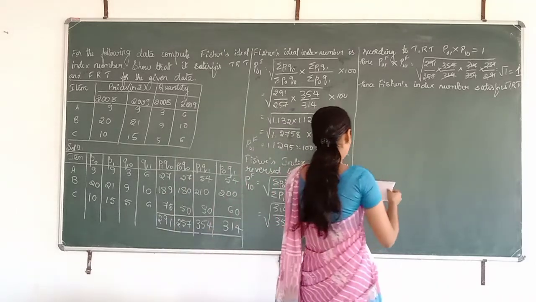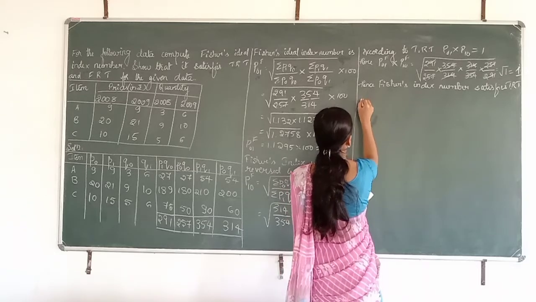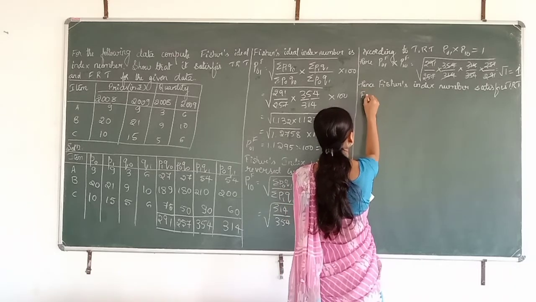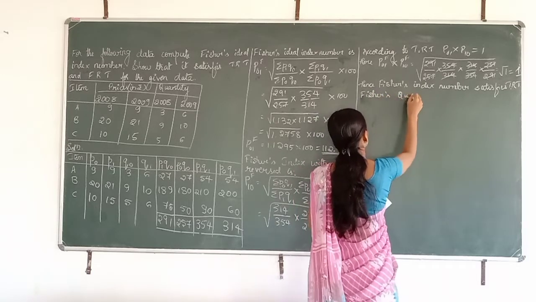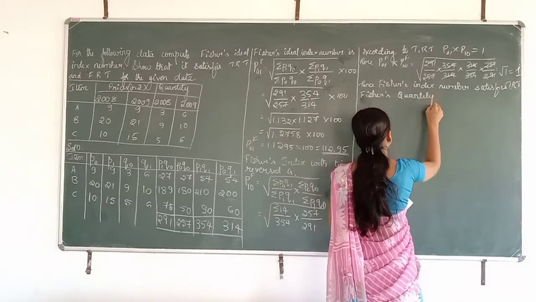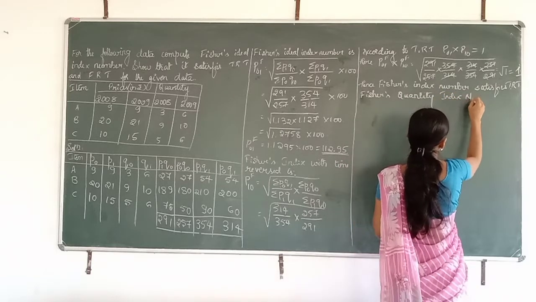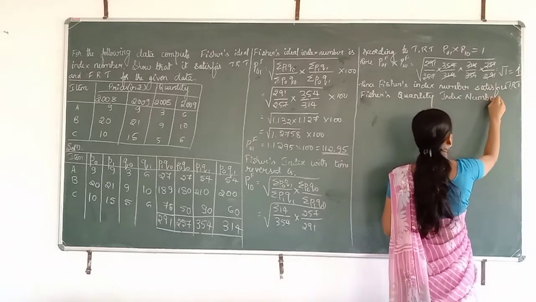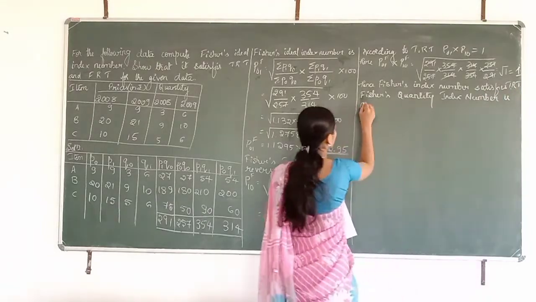So for FRT, first we are going to write Fisher's quantity index number. What is Fisher's quantity index number formula?